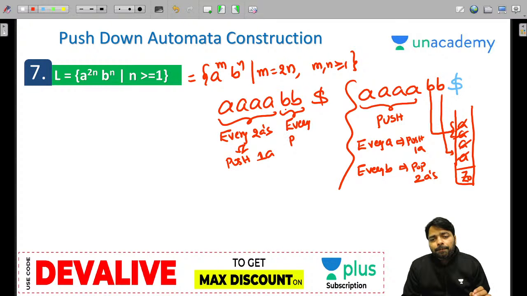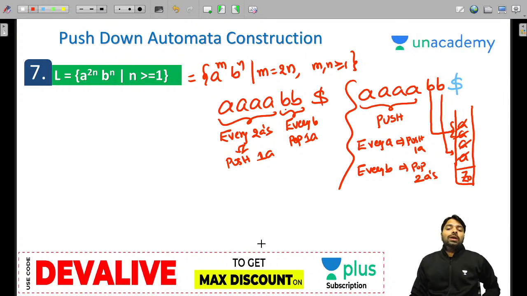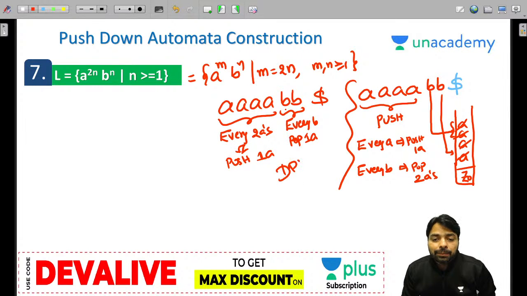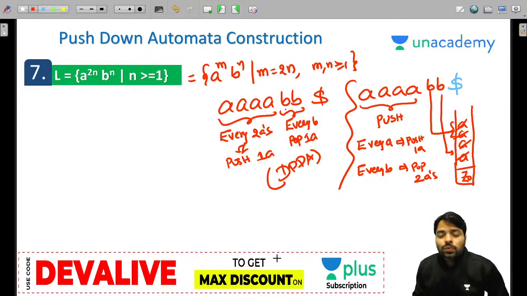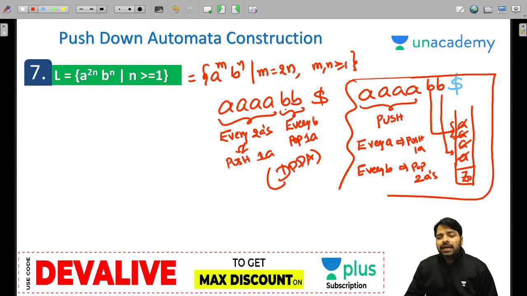So now here I can design a DPDA easily. We are going to think like a deterministic machine. Now, this you can design as a PDA. This you can do as homework if you want. You have a PDA for this.